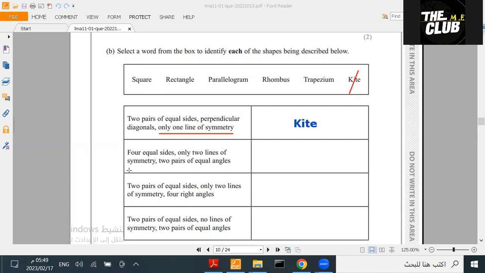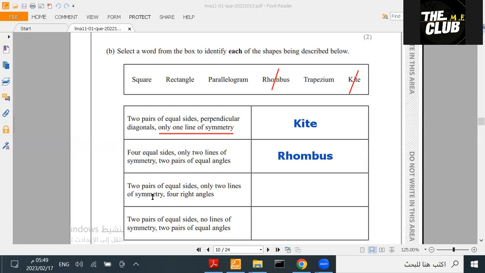It has 2 pairs of equal angles, not all angles equal, because if all were equal it would be a square. So this is a rhombus. We have to know the difference between these shapes. It's very important.